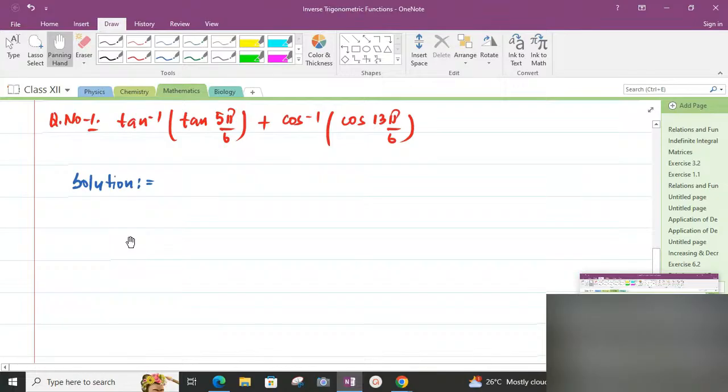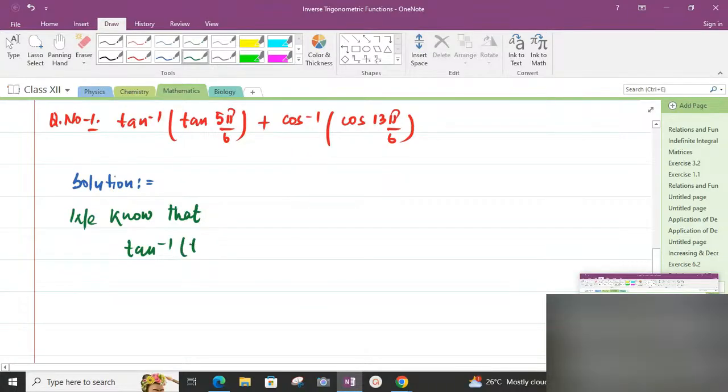So we know that tan inverse tan x equal to x, when x is an element of minus pi by 2 to pi by 2.